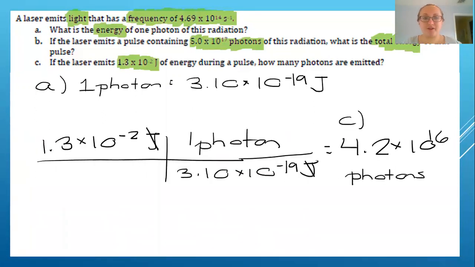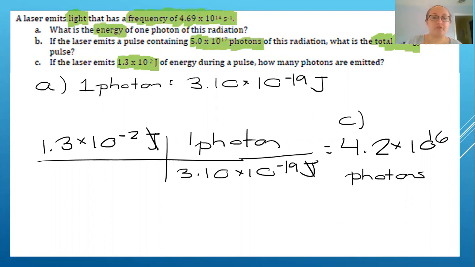Well, let's move to part C. If a laser emits 1.3 times 10 to the negative 2 joules of energy during a pulse, how many photons are emitted? Again, I know from part A that one photon has 3.1 times 10 to the negative 19th joules of energy.